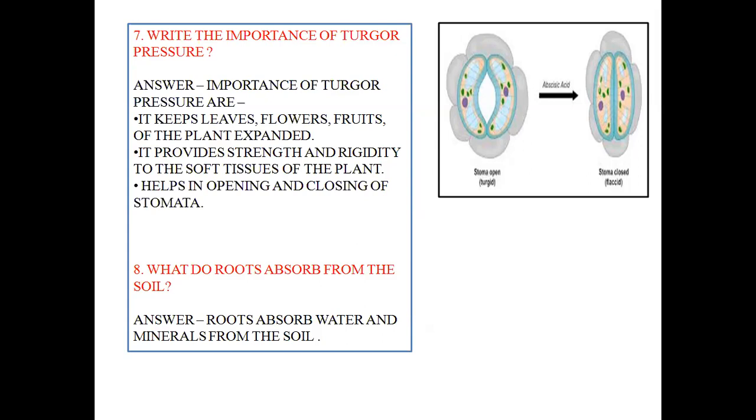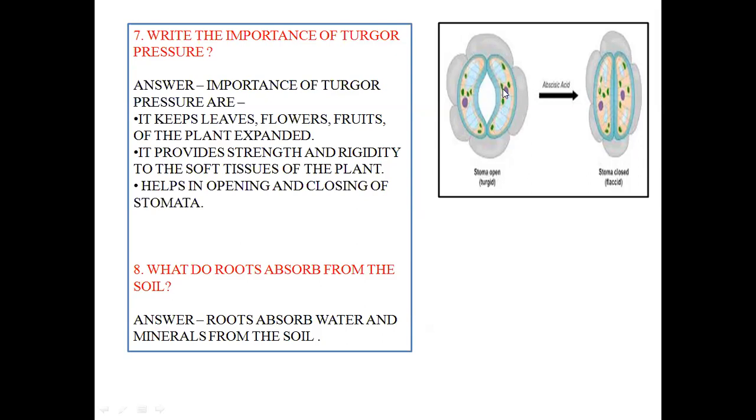And lastly, it helps in opening and closing of stomata, a diagram which is given on the right hand side, students. Now this diagram, this is known as the guard cell. This bean-shaped cell is known as the guard cell. Now water, when it will be available within this guard cell, what happens? It bulges and moves outward, and as a result the stoma opens.